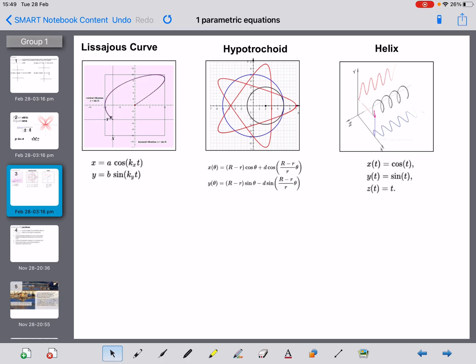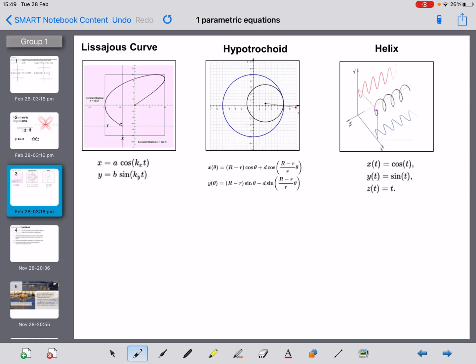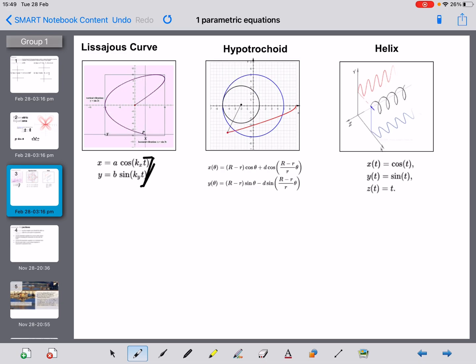So each of those, that pair there, is a pair of parametric equations. We've got 3 parametric equations for the helix, so they come as pairs or threes. Now you're going to be working in pairs.